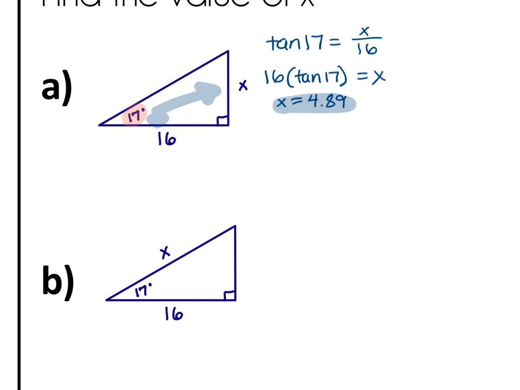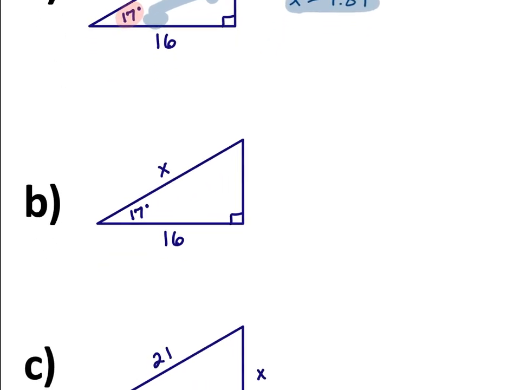When you look at the next one, the angle is 17 again here, but the sides are here and here. 16 would be adjacent to 17. X is the hypotenuse. So with SOHCAHTOA, the adjacent and the hypotenuse comes from cosine. The cosine of 17 would equal adjacent, which is 16, over hypotenuse, which is x.